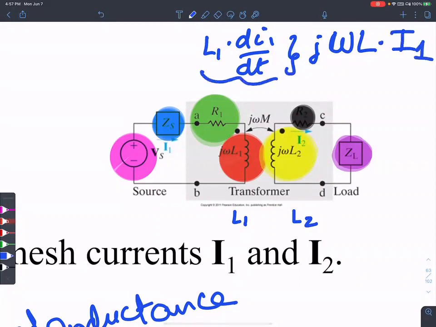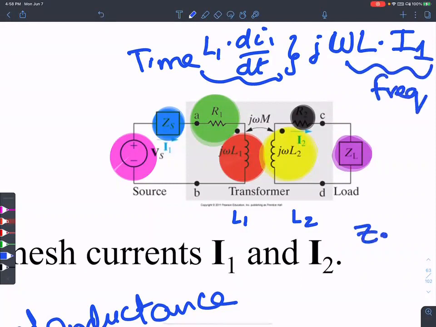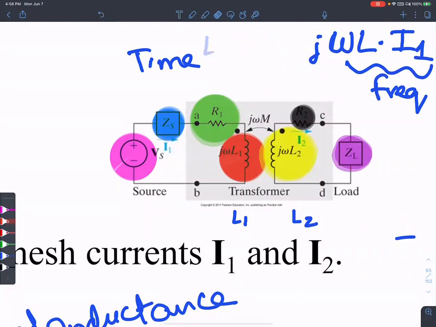In the time domain, I have to write the derivatives, whereas in the frequency domain, I simply can use the Z times I form. That's what we discussed in the last class. So all I'm doing is the exact same idea that we discussed so far, except that we are doing all of that KCL in the frequency domain.